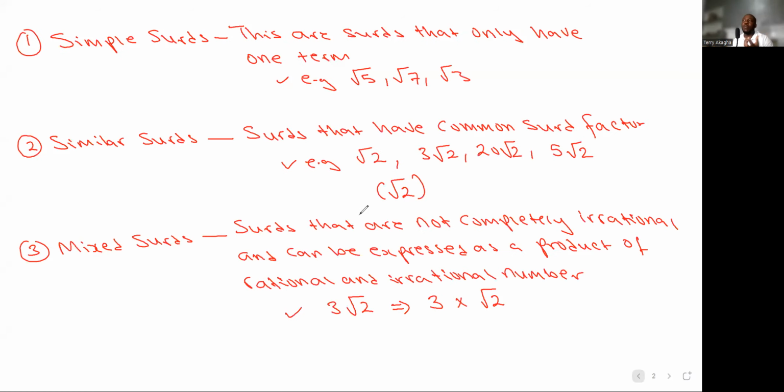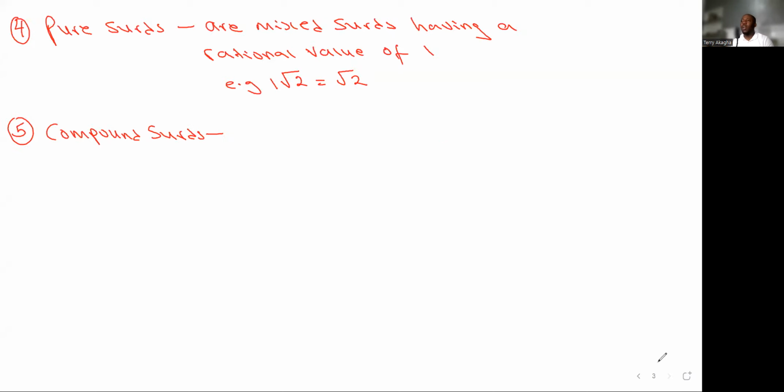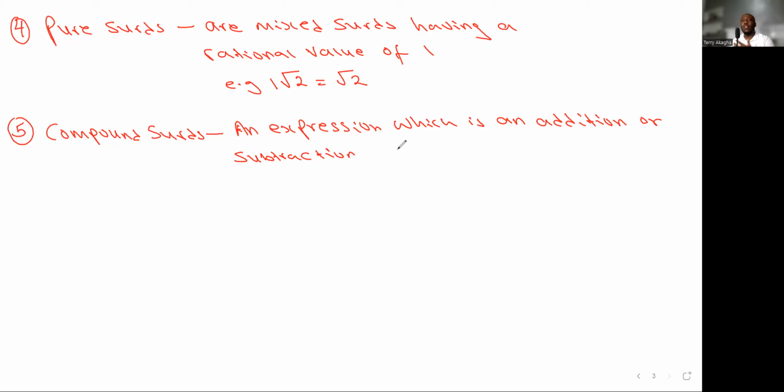So remember I told you simple surds only have one term. So it's an expression which is an addition or subtraction. It could be either you're adding or subtracting, but the key thing is that you're adding or subtracting a rational number, or you can say a rational integer, and a simple surd.